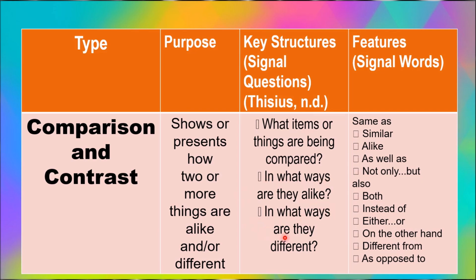In what ways are they different? Okay? And for the signal words: same as, similar, alike, as well as, not only but also, both, instead of, either, or, on the other hand, different from, or as opposed to.